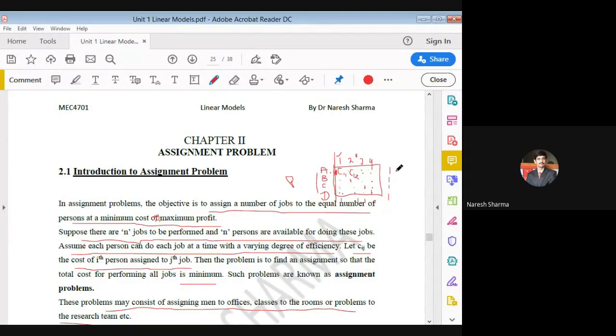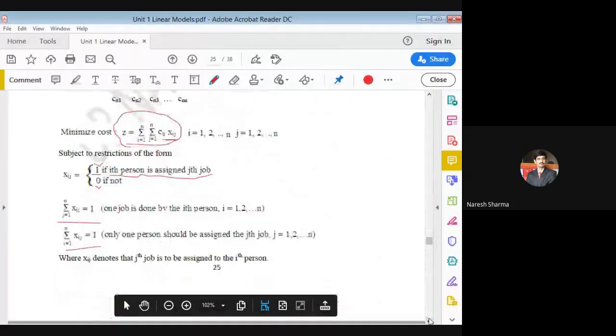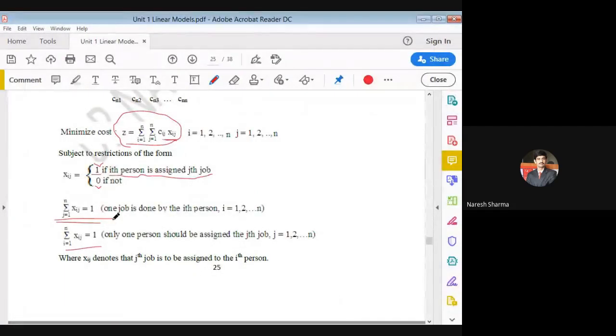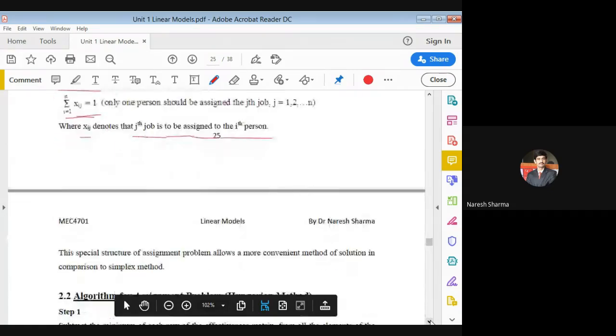So in each row our allocation is only 1. The total sum of all xij in each row is 1, and in each column is also 1, where xij denotes that the jth job is to be assigned to the ith person, right? In such a way we do the allocations.